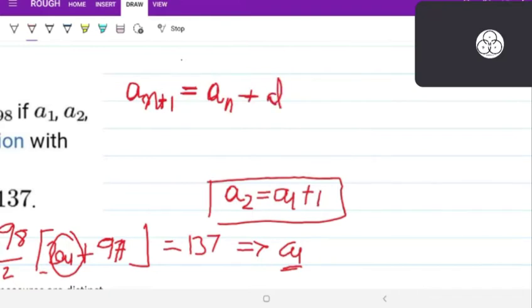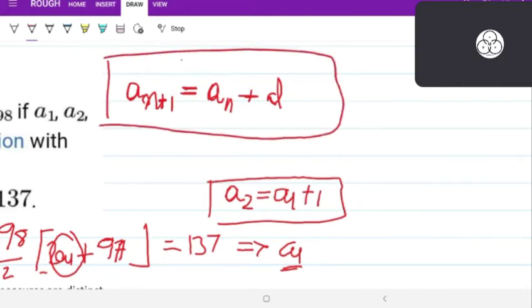Whenever you see this form, this is defining an AP. How? Just compare this. If you understand this statement, a2 can be written as a1 plus 1, then why can't you understand that a(n+1) can be written as an plus d? Here d is 1. Similarly, a GP can be represented in such kinds of formats.